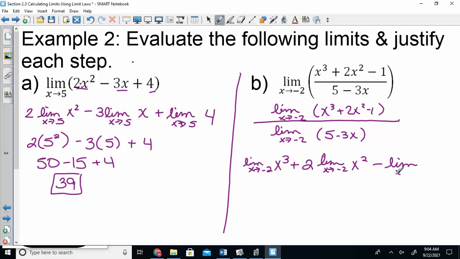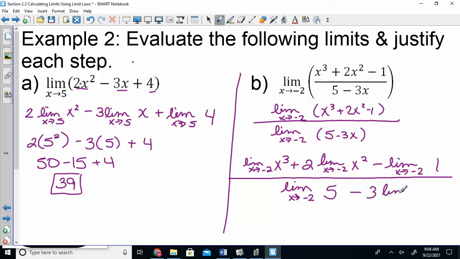minus the limit as x approaches negative 2 of 1, divided by the limit as x approaches negative 2 of 5, minus 3 times the limit as x approaches negative 2 of x.